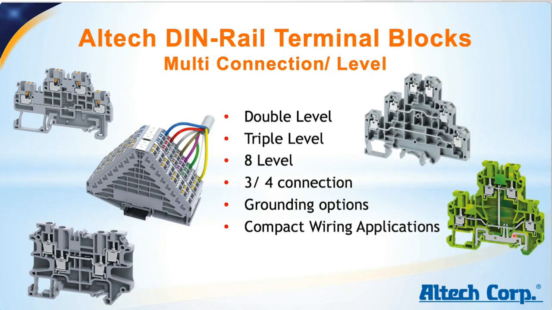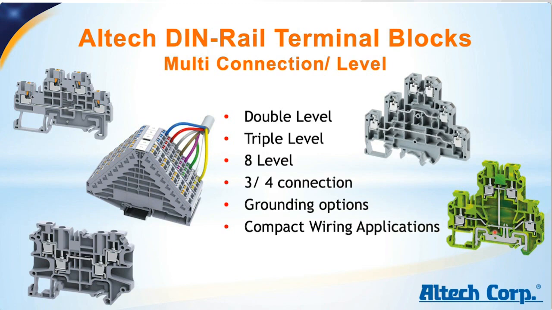Another feature available within these multi-level terminal blocks is grounding options built in on some of them. And many of these 3-4 connection terminal blocks are, for example, used for distribution purposes.